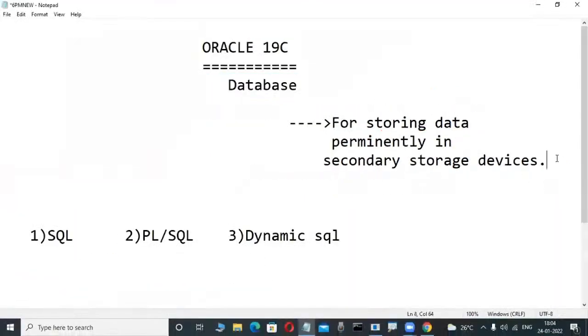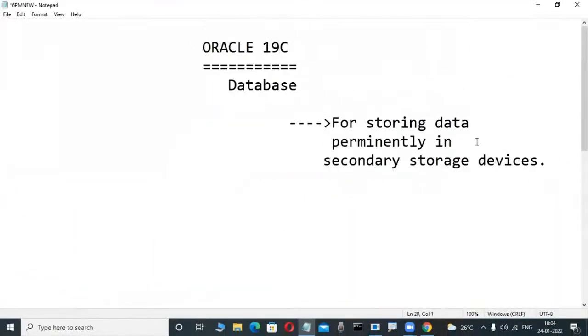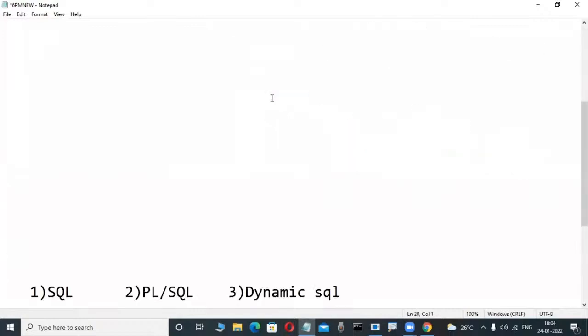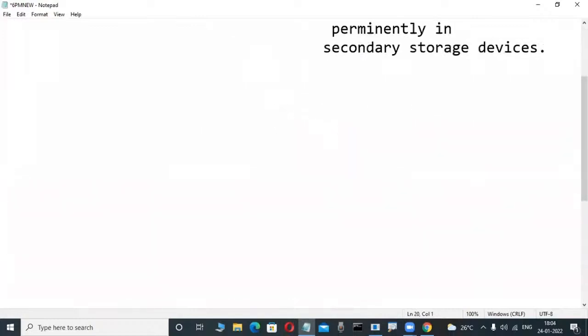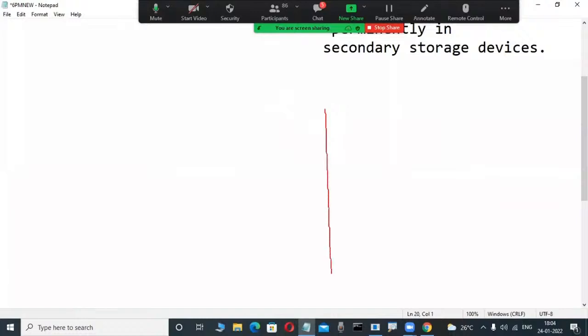As I told in previous classes, observe slowly: a database is a place. Whenever we install Oracle, SQL Server, or DB2 in our system, automatically one place is created.